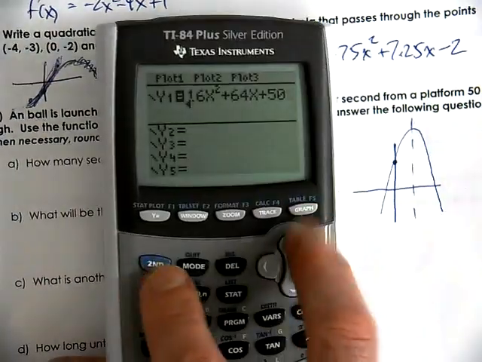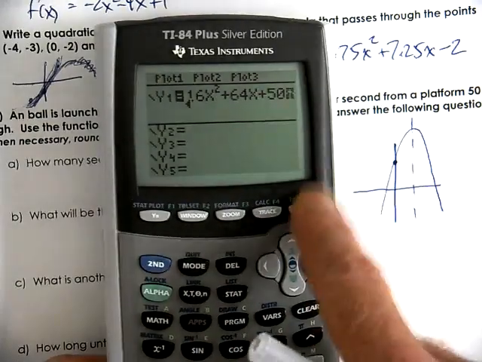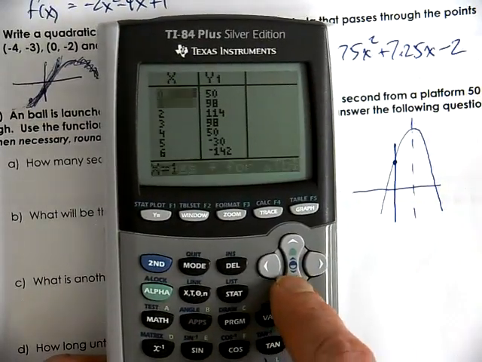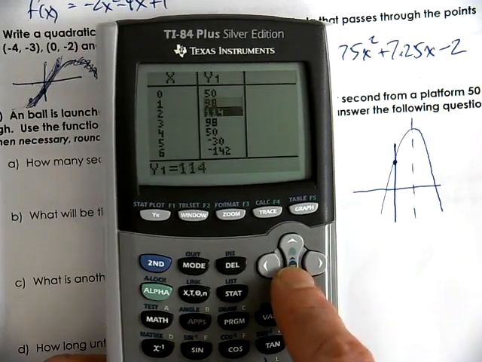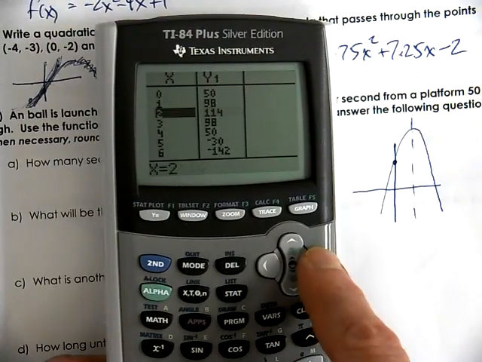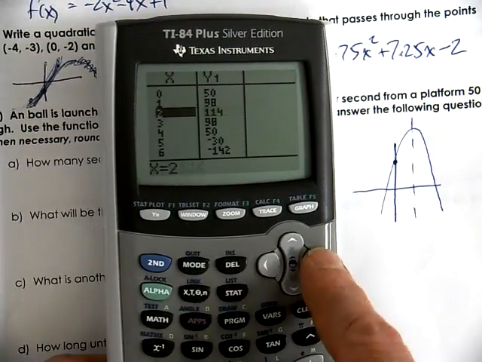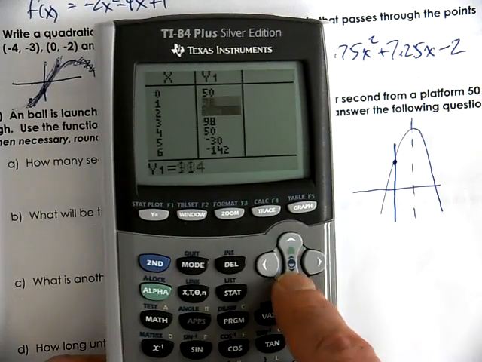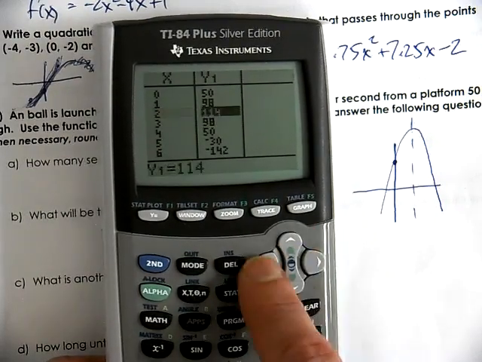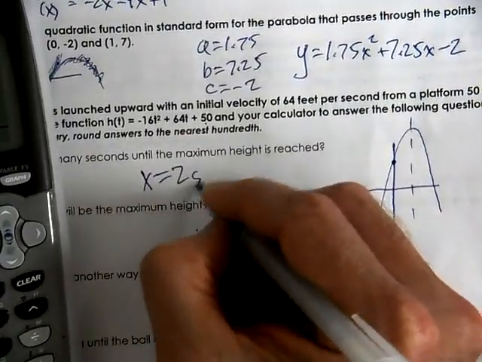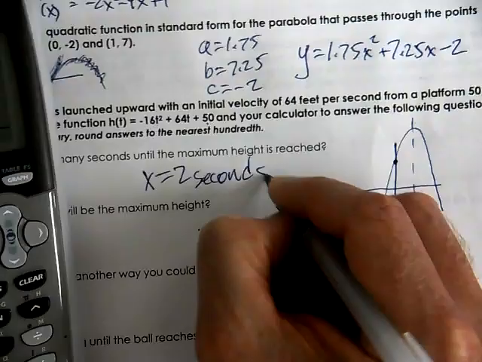We can look at our table, second graph, and see if we find a repeating value. The y values repeat, so the middle number is your vertex. That's an appropriate way to find your answer if you have repeating y values. So that's our vertex. So x equals 2 seconds.